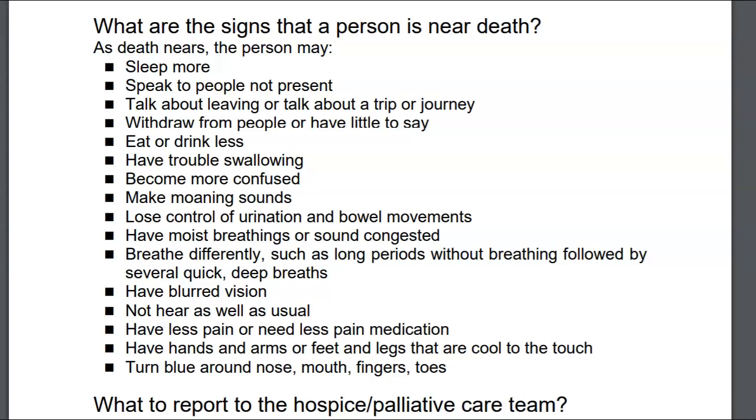It depends on the situation. Their limbs may be cool to touch, and they might have some cyanosis around the lips and the nose and the fingers. If the patient is restless or seems anxious, that is definitely a reason to take a look at the patient and try to assess pain if you can.